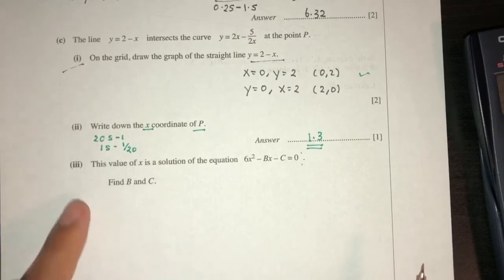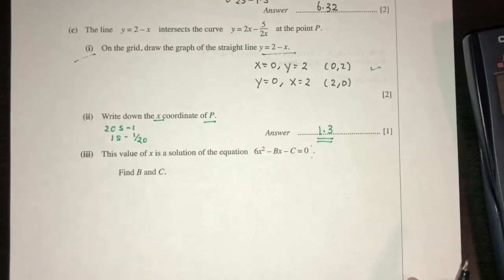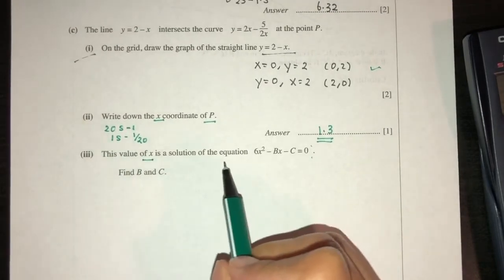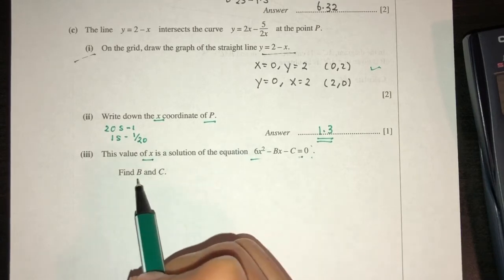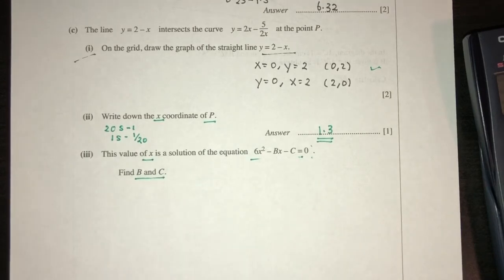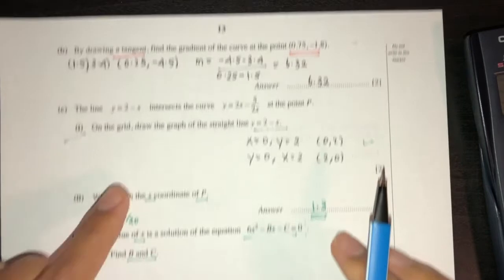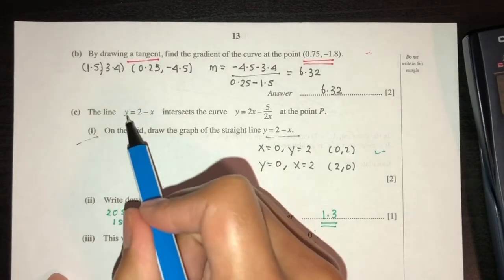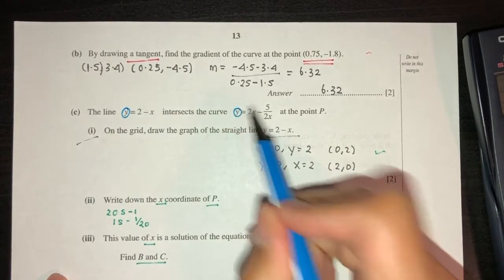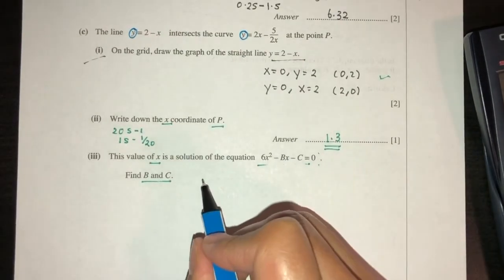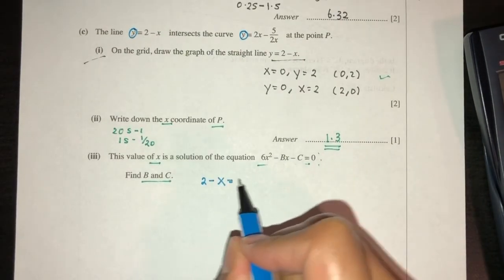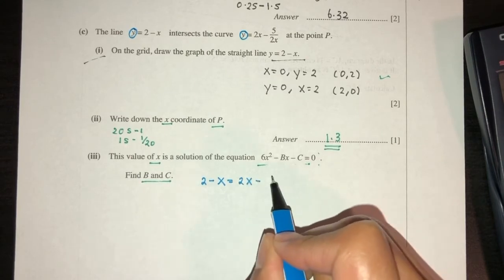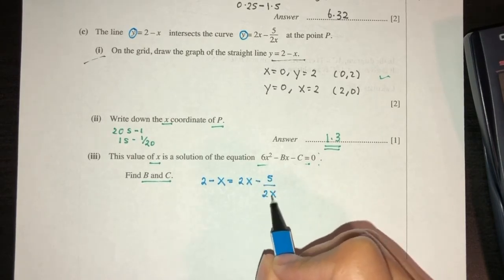Now for part 3, here we have to find, so this value of x is a solution to this equation. Find the value of b and c. So let's do that. We have these two equations. Let's solve them simultaneously. We replace the value of y. You will have 2 minus x equal to 2x minus 5 over 2x.